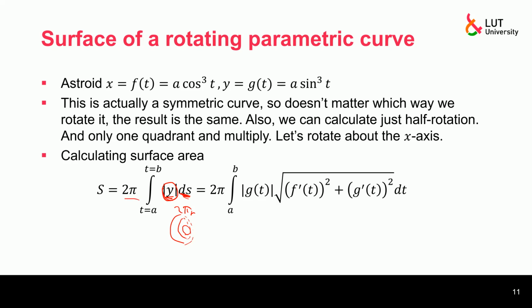And ds means how far we move sideways when we calculate one of those bands. So there we get the surface area. And this absolute value of y here is our g function, so it goes there. And then this ds unit is this Pythagorean theorem part here.